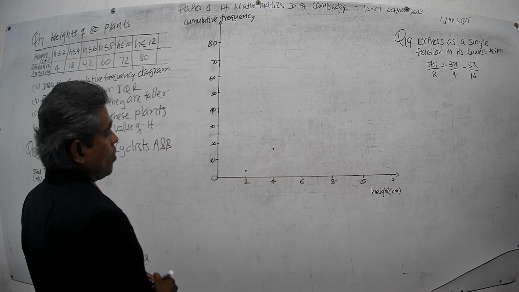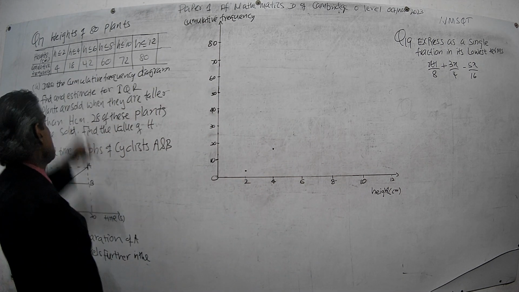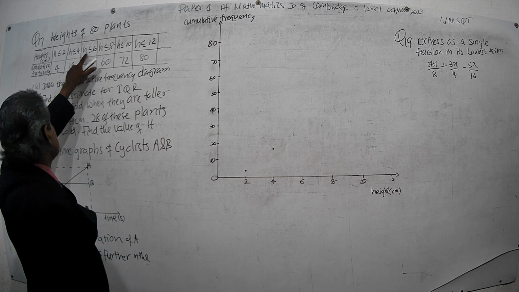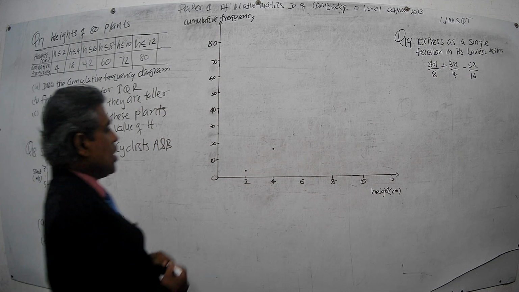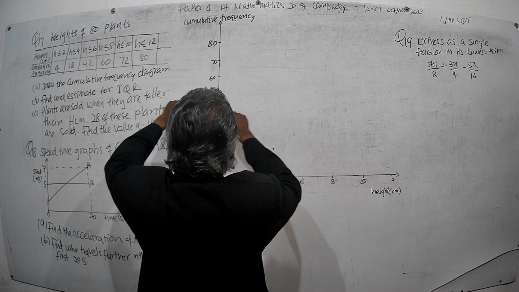Then the next one. When the height is 6 or less than 6, the cumulative frequency is 42. 42 is somewhere here.